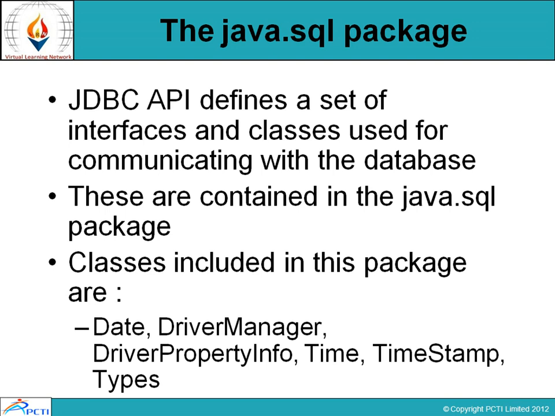Means we have one package known as java.sql through which we can connect with any database. Generally, this package contains all the classes and interfaces used to communicate with any data source. A package is just like a container that can contain interfaces and classes. If we talk about the definition, a package is a collection of different classes and interfaces.